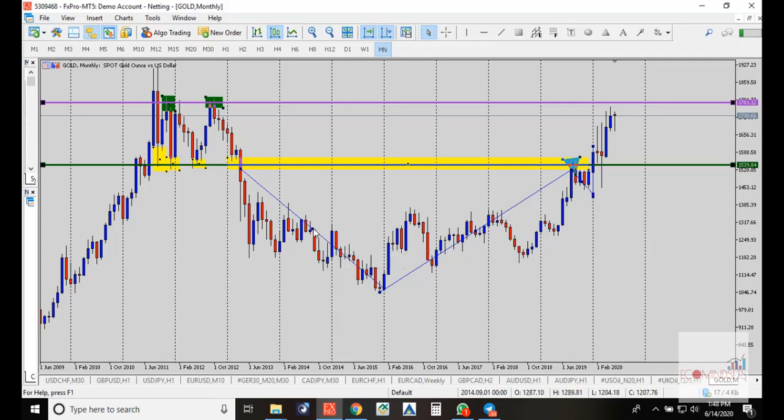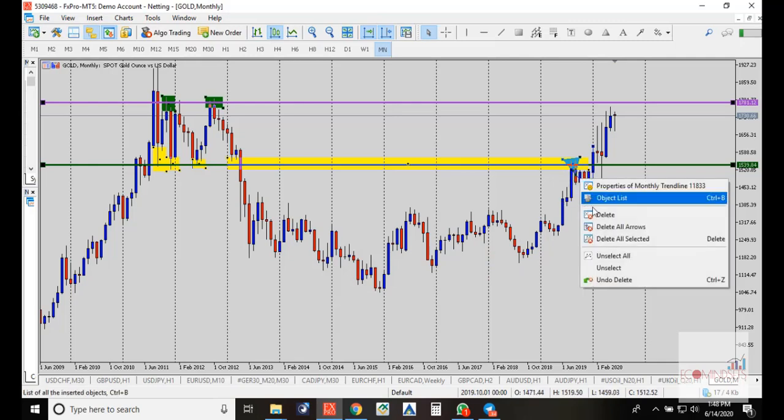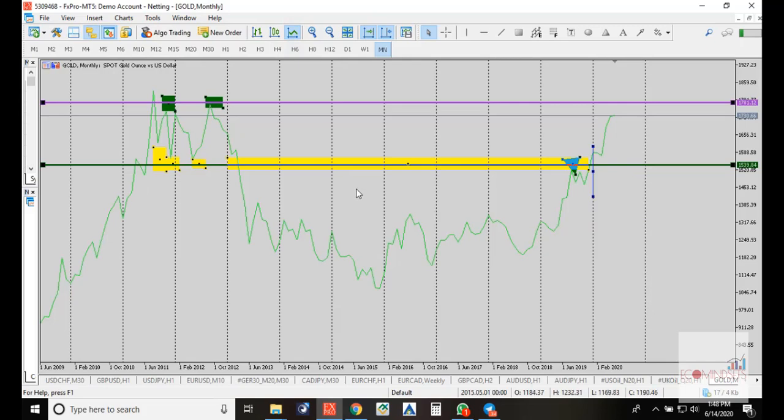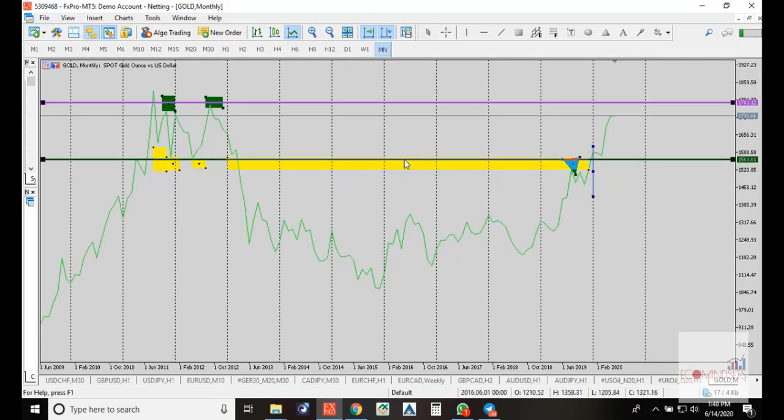So let me take off this. Now in the previous video I was telling you that sometimes for you to get the levels very well, you use the line chart. You can change to the line chart. If we are using the line chart, sometimes we are able to get these levels very well. So here you realize, look at the point. You see where the point is.